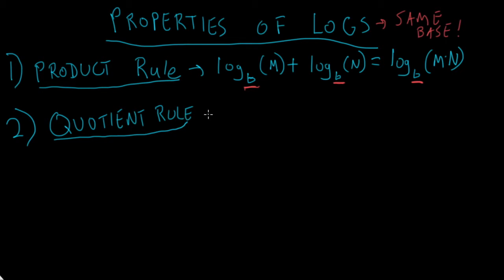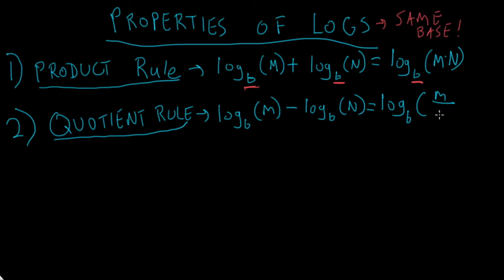In the same way that we have the product rule, we also have a similar quotient rule, which says log b of m minus log b of n is equal to, you can probably guess what's coming up, log b of m divided by n, because it's the quotient rule, division. Again, we have the same base, and then we have m minus n, so that becomes m divided by n.